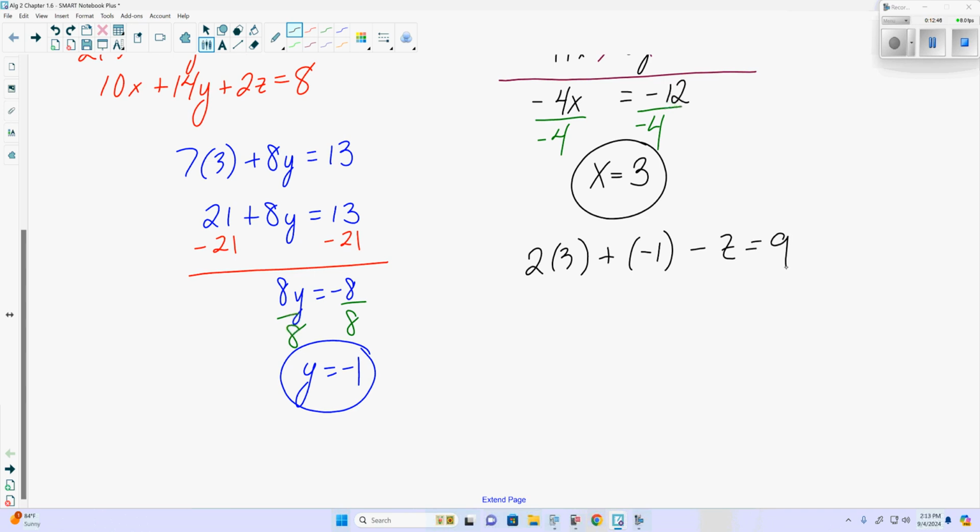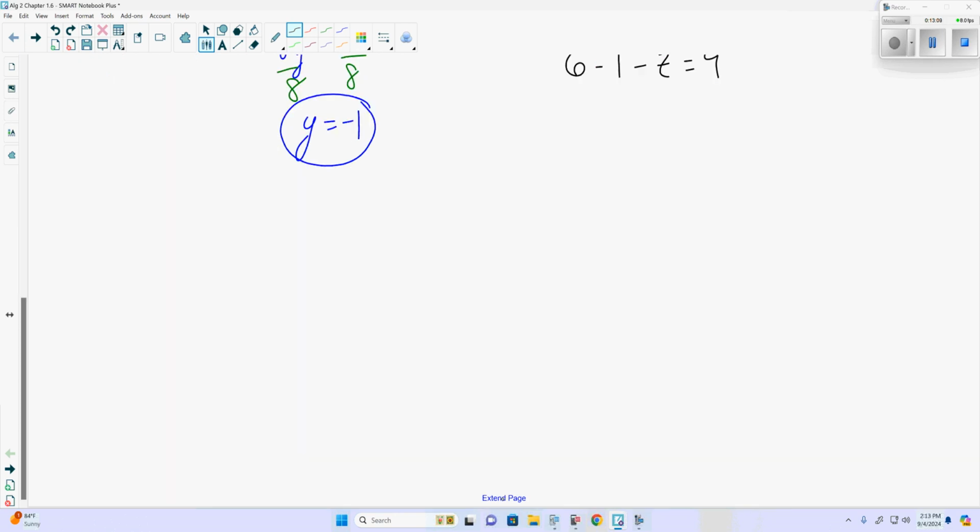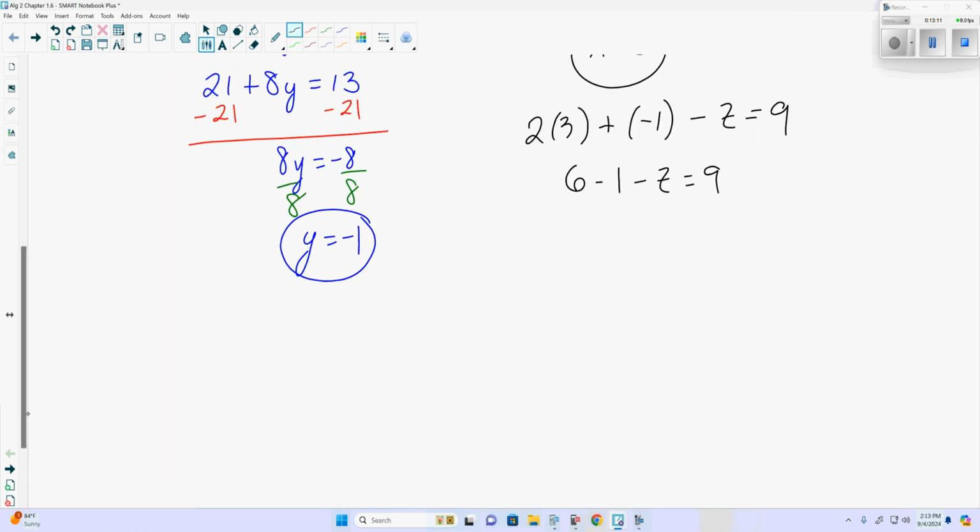I just used the top equation. Doesn't matter which one, because again, the solution, this point, is where all 3 cross, where all 3 are true. So no matter which one you plug it into, you will get the same value for z. Now at this point, 2 times 3 is 6, plus our negative 1 is just minus 1, minus z is equal to 9. 6 minus 1 minus z is equal to 9.